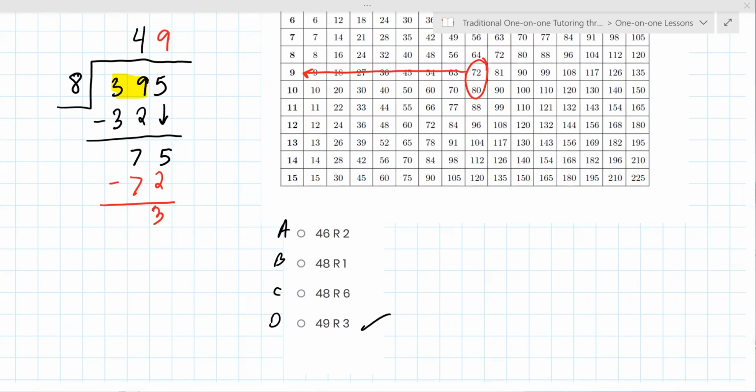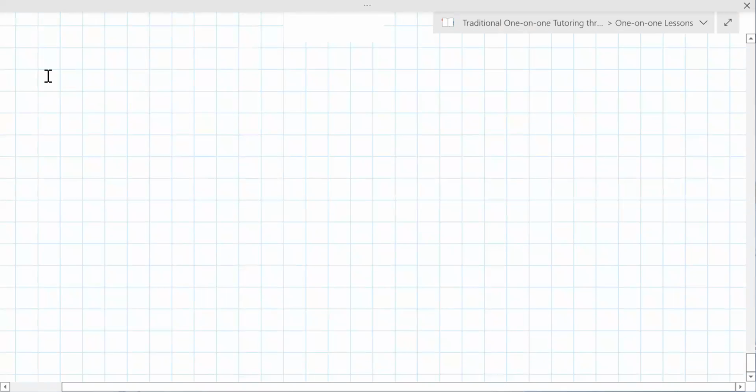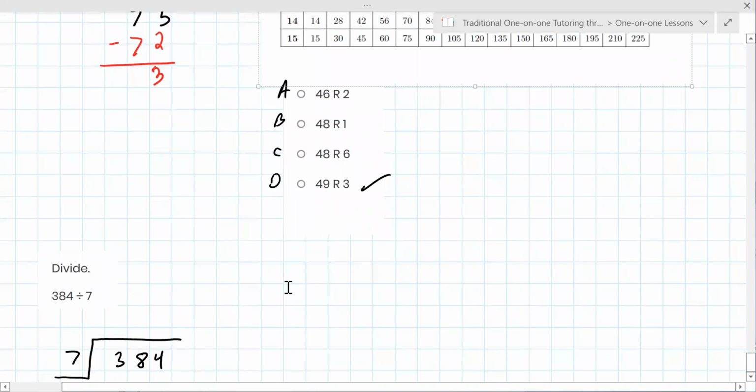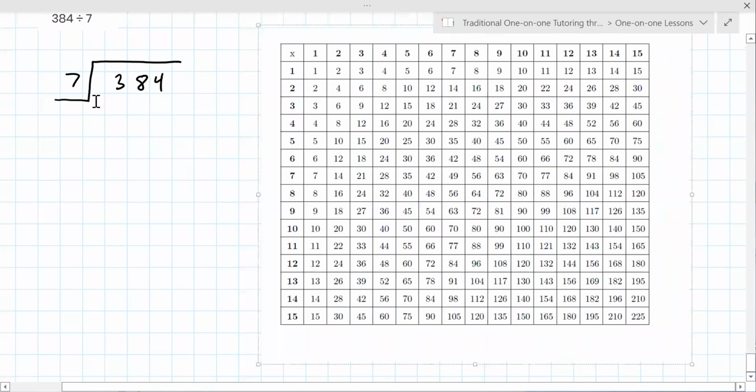All right, let's work out this last one together real quick. All right, so we're going to divide these two numbers, 7 into 384, like this. I'm going to grab a multiplication table. Okay, so Michael, how many times does 7 go into 3?